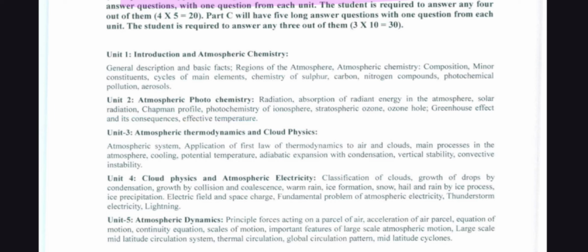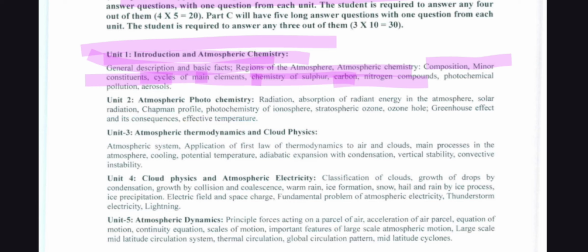So first unit, introduction of atmospheric chemistry: general description and basic facts of atmospheric chemistry, composition, minor and general minor constituents, cycles of main elements, chemistry of sulfur, carbon, nitrogen compounds, photochemicals, pollution and aerosols.